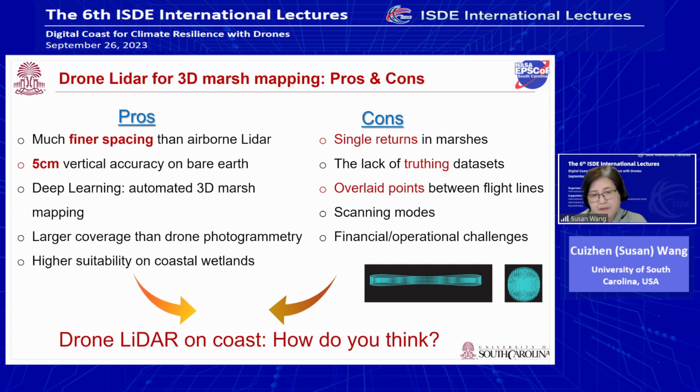Something I forgot to mention in the beginning: compared with drone cameras, like the small Phantom 4 Pro, I guess probably one of the most popular drones we use in this application field, and compared with drone pictures and photogrammetry based on structure from motion, drone LiDAR does not require heavy overlap, and it also gets large coverage in a relatively short time.